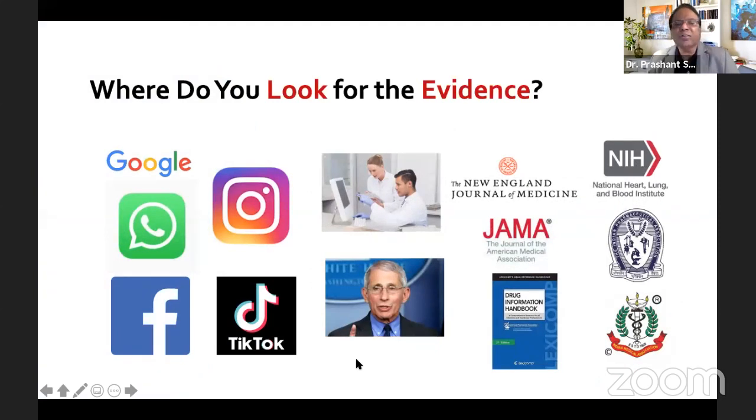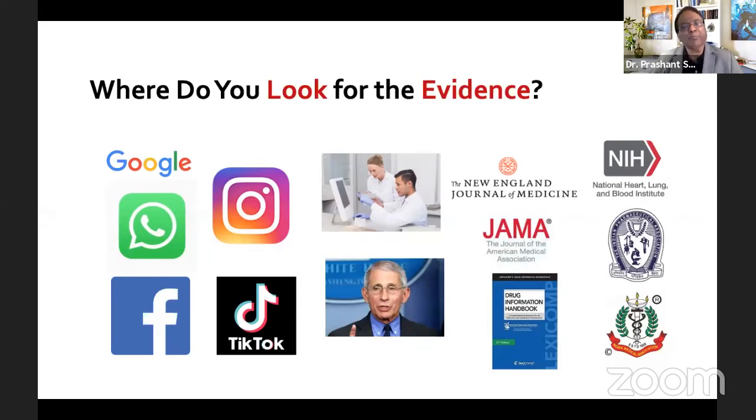So in the era of information explosion, where are you going to look for the evidence? There are a variety of sources. Will you be interested in searching for the evidence in Google? Or are you going to rely on the social media, which is used nowadays for everything? Or are you going to consult with your colleagues or experts in the field?